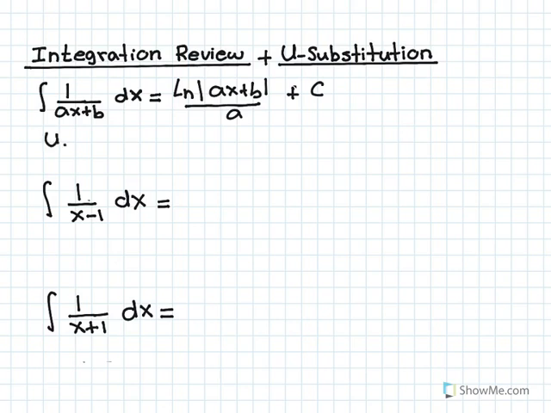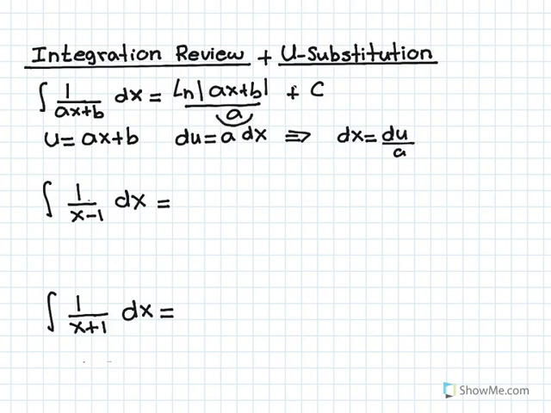We're letting u be the denominator, u = ax + b. Differentiate both sides, du = a dx. Divide by a, and we get dx = du divided by a. The reason we have a here is exactly the same reason that we divide by a here, because of the u substitution.